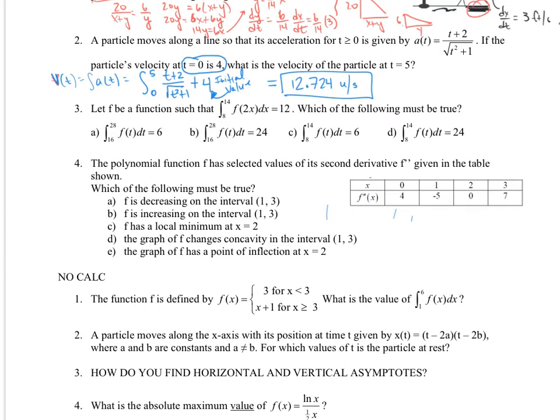It says, let f be a function such that the integral from 8 to 14 of f of 2x dx is 12. So which of the following now must be true? Well, since this is 12, take a look. If I set the bounds and go from 16 to 14, okay, so this is twice that.